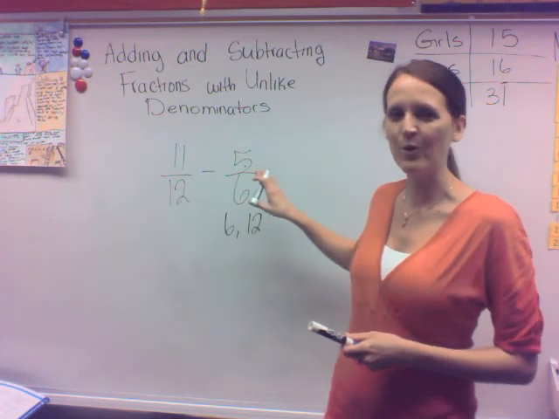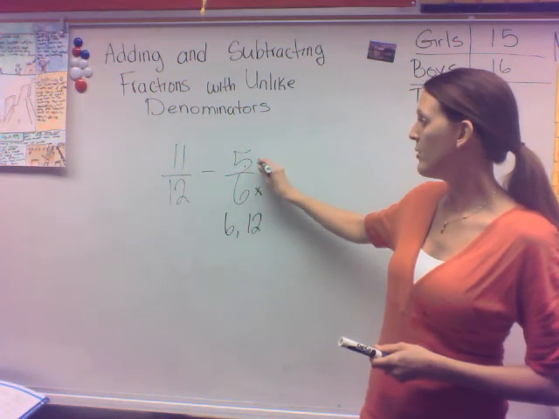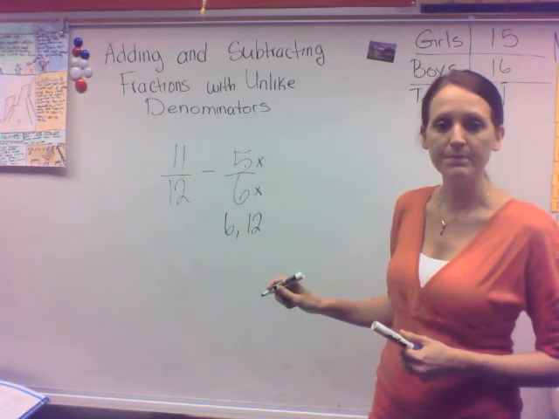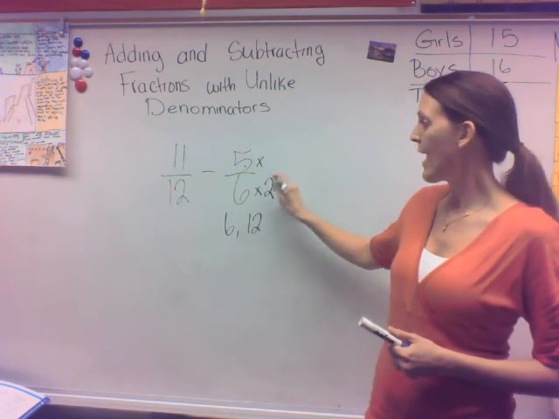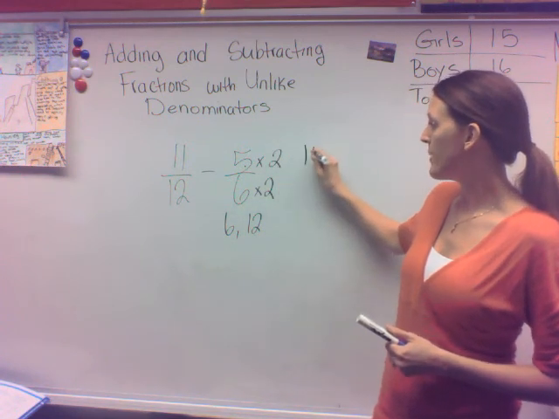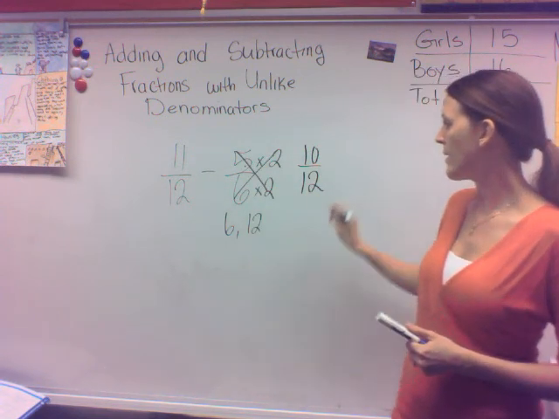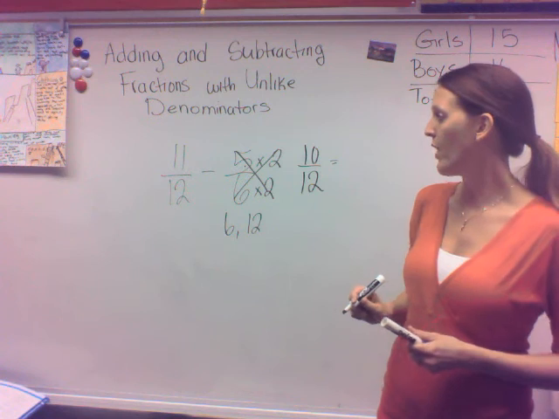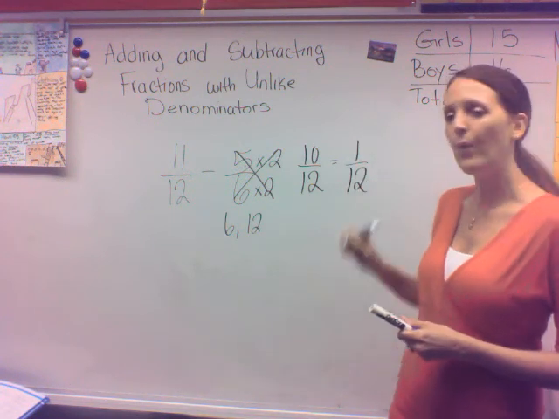I like those ones where I only have to change one. I only have to change this fraction, and what am I going to multiply this fraction by? 2. And if I do it to the bottom, I have to do it to the top, which makes this change into 10/12. I'm no longer using these numbers, so I have 11/12 minus 10/12, and my answer is 1/12.